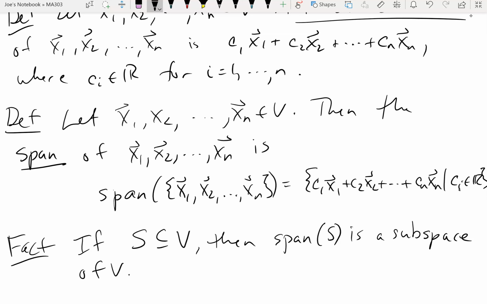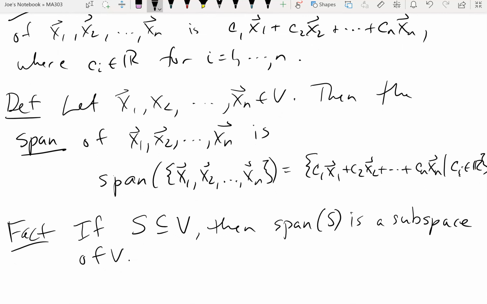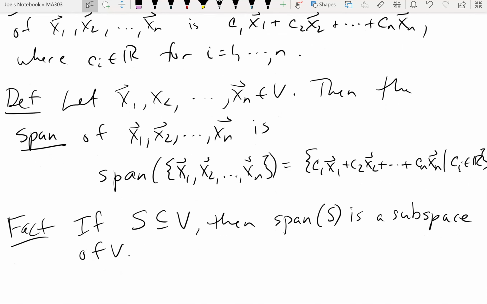The span of a set of vectors is always a subspace, no matter what. Remember again, when you're doing the span of a set of vectors, the vectors are fixed. You don't get to change them. You get to change the constants, but you don't get to change the vectors that you're using.